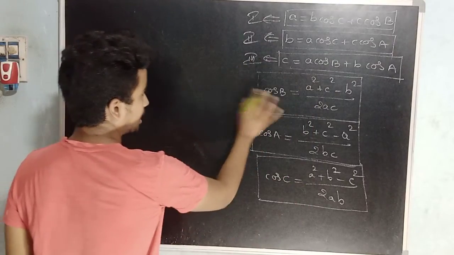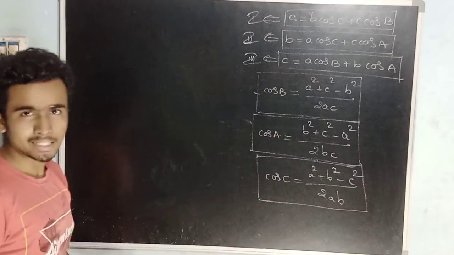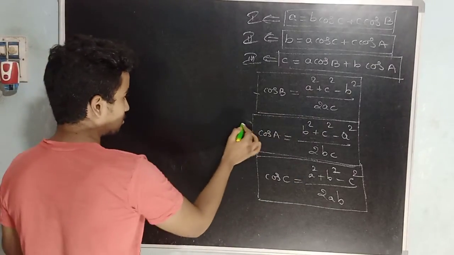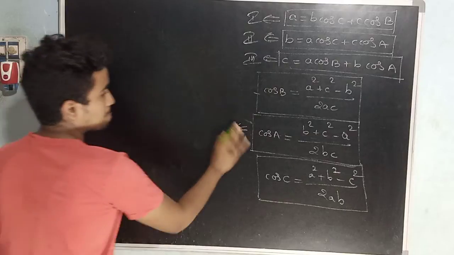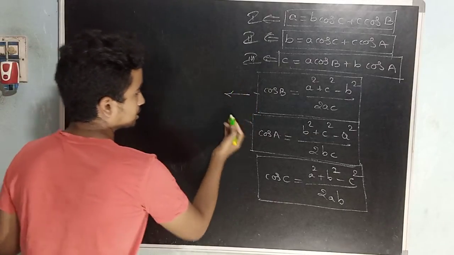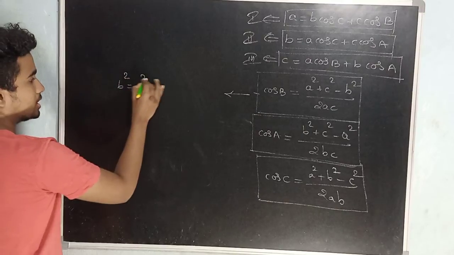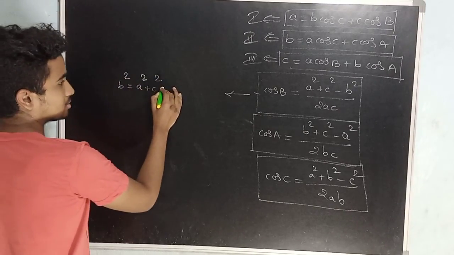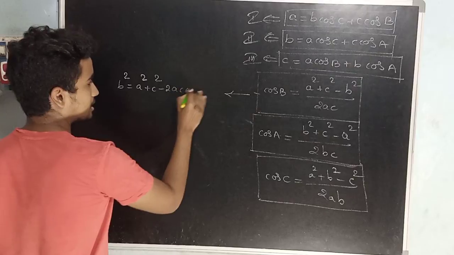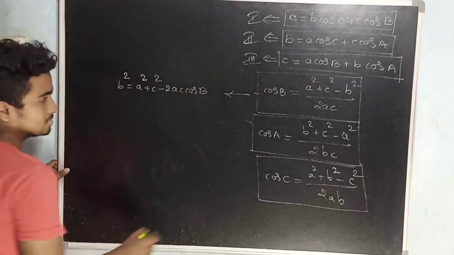So what I am going to do, I am going to modify all these three equations. On modifying this equation, I am going to get b square is equal to a square plus c square minus 2ac cos b.